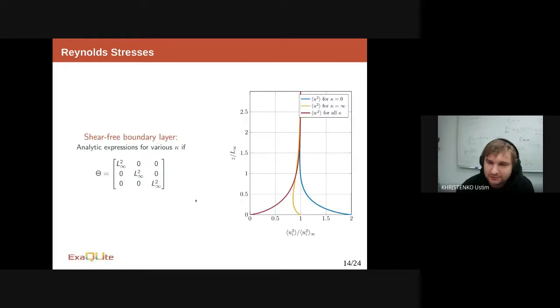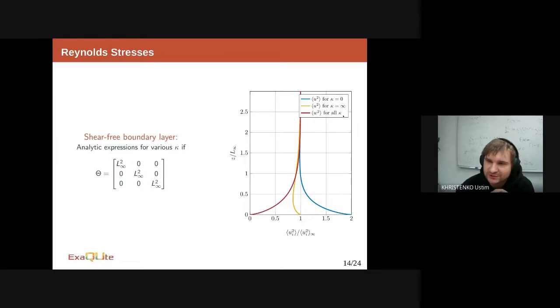Here is the example of isotropic. This is an isotropic model where we introduce initial constant coefficients equal to L infinity, its characteristic length, and we introduce a boundary condition on the bottom. Here you see two extreme cases where the Robin constant kappa is equal to 0 and to infinity.